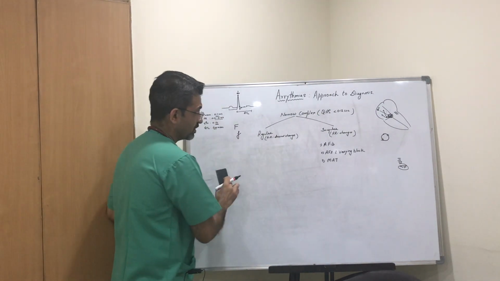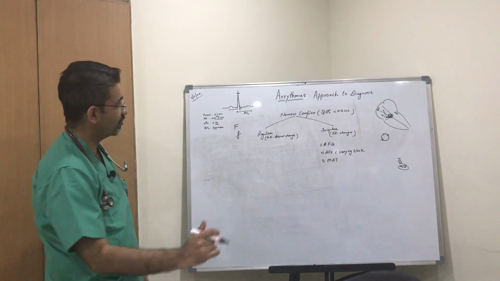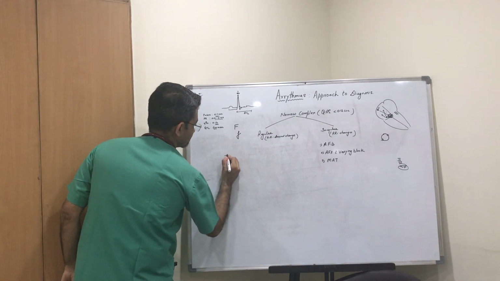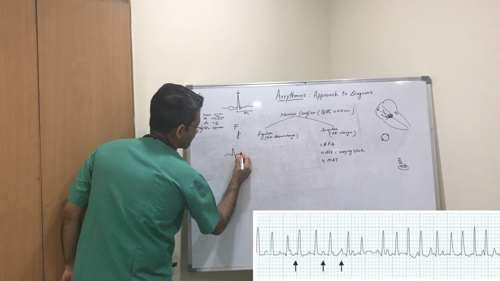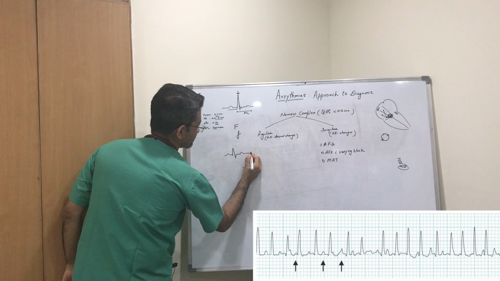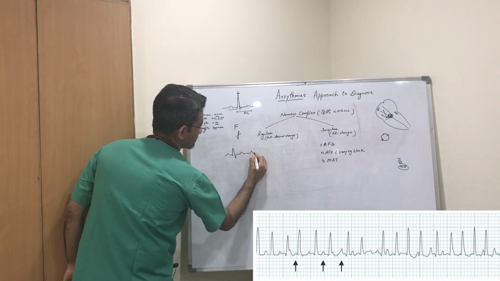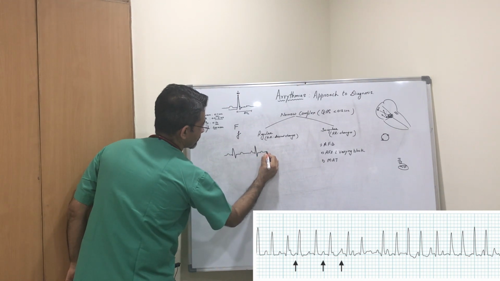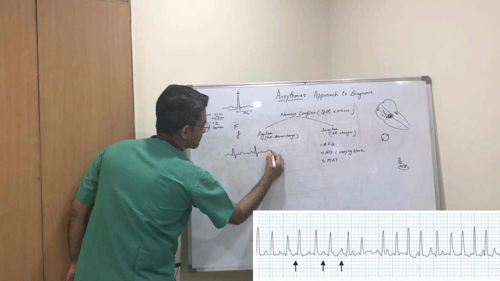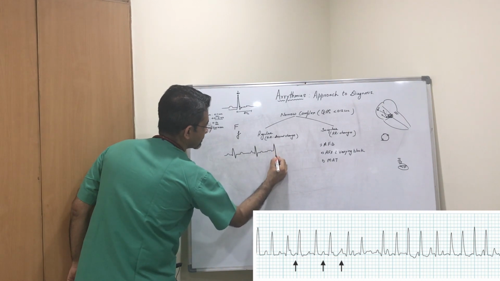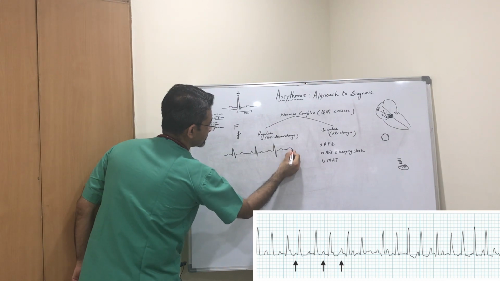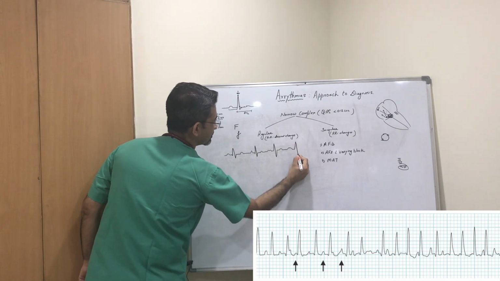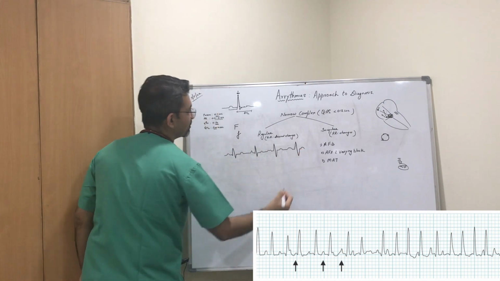Lastly, you have multifocal atrial tachycardia. So, what will happen is, suppose this is a normal morphology P wave, you have QRS, you have T wave, next P wave morphology changes, then you have QRS, then you have T wave, then again the morphology changes, QRS, T wave, then again morphology changes, QRS, T wave.